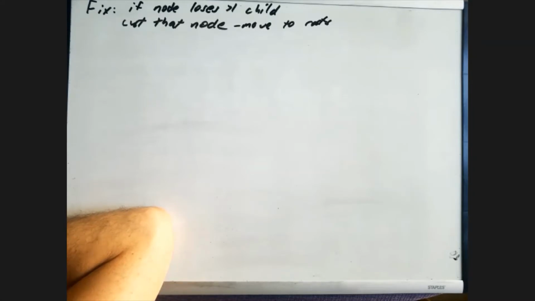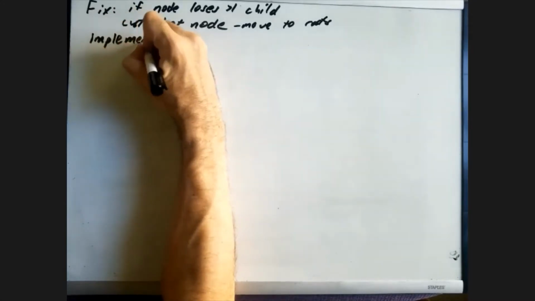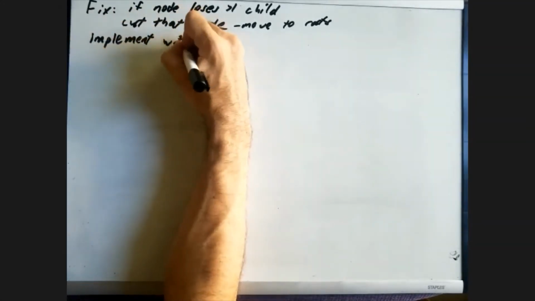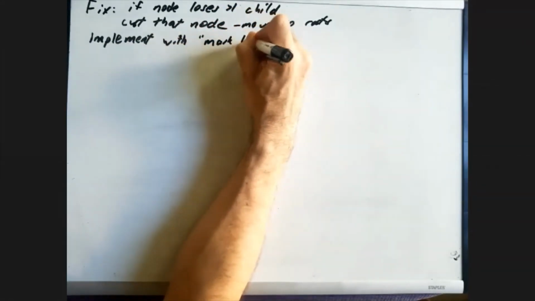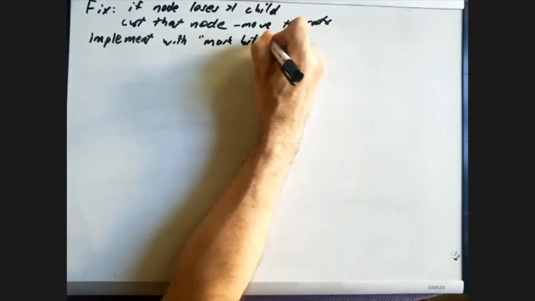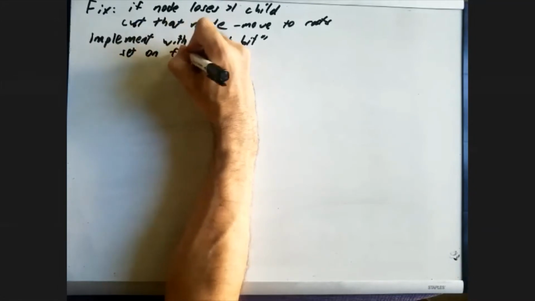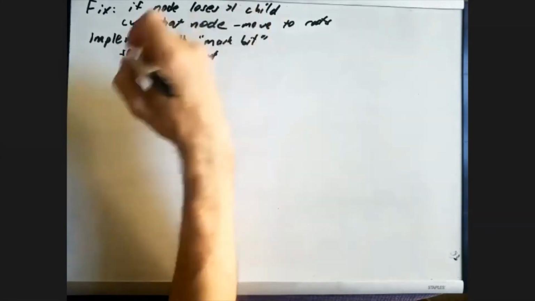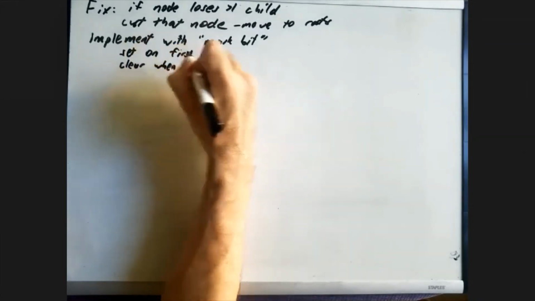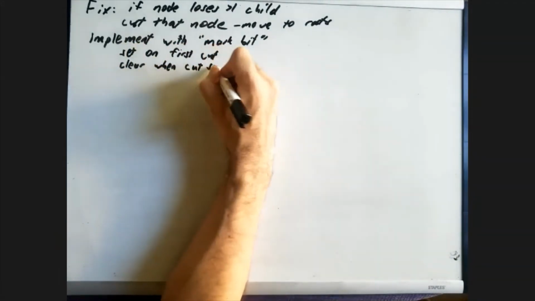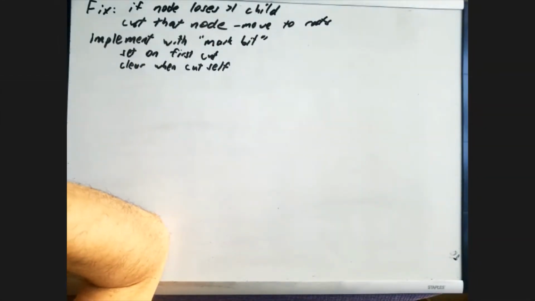Okay. This is easy to implement because all we need to do is keep track of whether a node has lost a child. So we introduce a mark bit on each node, which is initially 0. We set it on the first cut, and we clear it when a node is moved to the collection of roots.